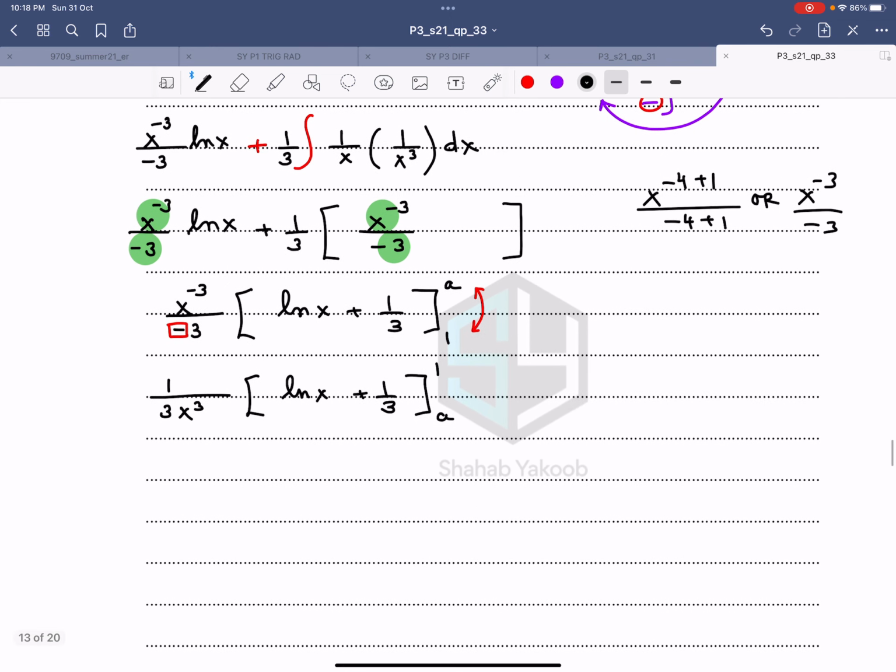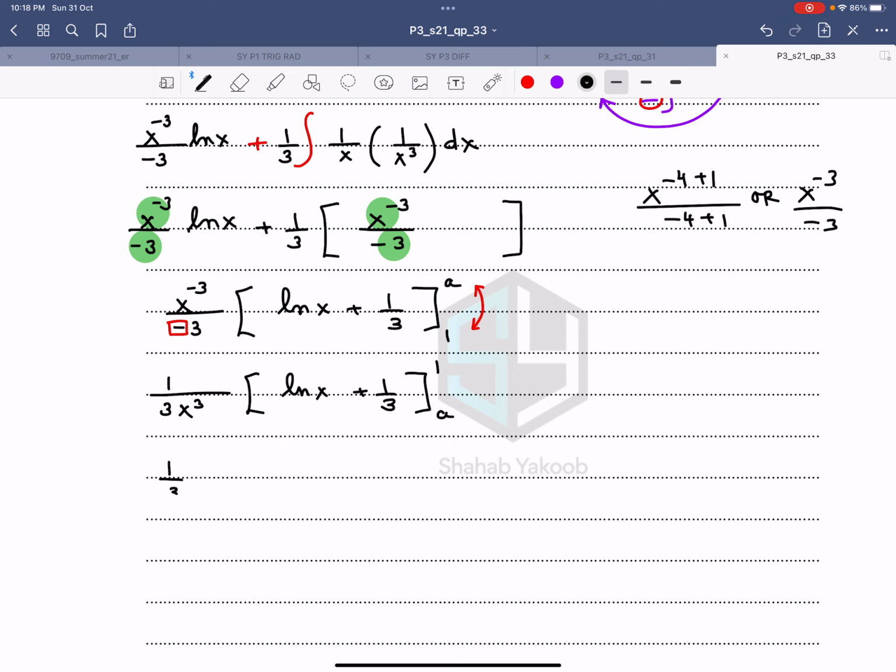Now plug in. When I plug in 1, this is 1/3, this is ln of 1 plus 1/3. That is the first and foremost thing. Negative sign. When we plug in a, this is 1 over 3a cube, and this is ln a plus 1/3.